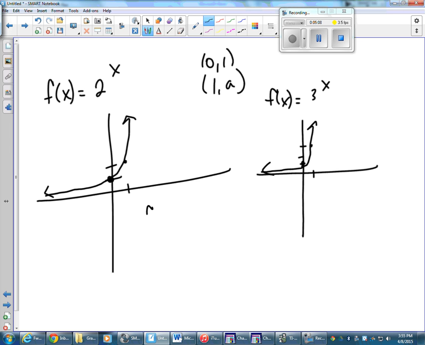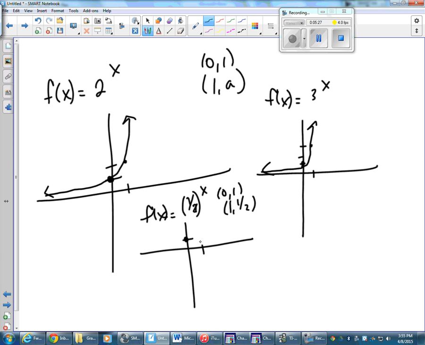If it was f(x) = (1/2)^x, that would be a decreasing function because 1/2 is smaller than 1. So that's going to go through (0, 1) and (1, 1/2).